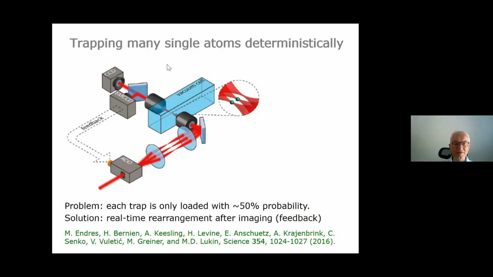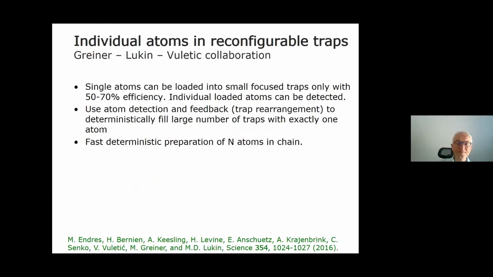And then basically we use computer control to turn off certain tones and change certain other frequencies to move the atoms around. Basically the deflection angle of each beam is proportional to the frequency corresponding to that beam. By changing that frequency, we can change the position of the trap.